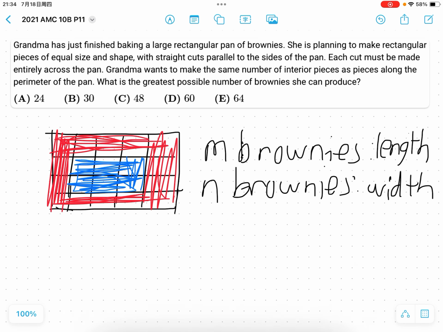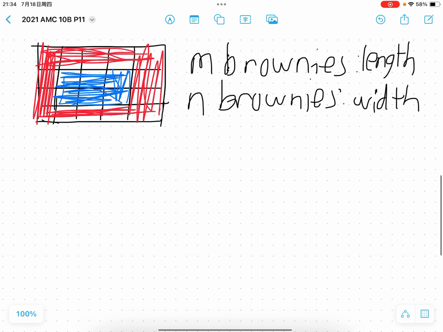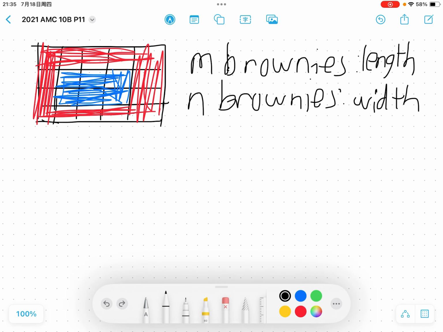So let's start. We have to represent the 2 parts, blue and red, with m and n. Let's do blue first. It looks way easier, because we can know straight away that we've missed out 2 columns and 2 rows for the blue brownies. So that would give us m minus 2 times n minus 2.